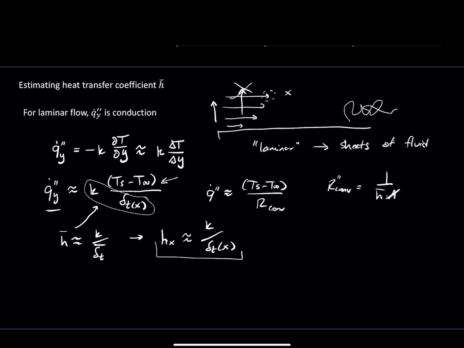The fluid property being the conductivity, and the boundary layer thickness relating to the propagation of heat as it's conducting into that fluid. As this boundary layer thickness grows, you're going to see h of x decrease. So there is a relationship between the position on this plate and the local heat transfer coefficient.